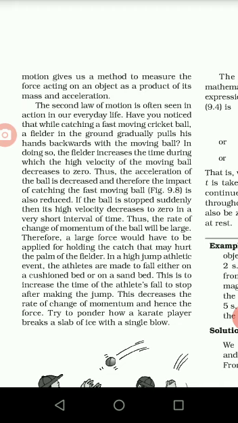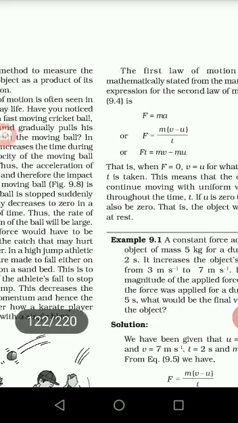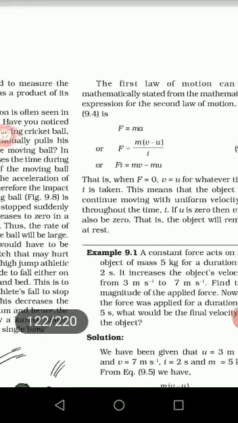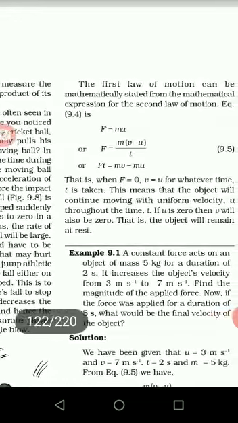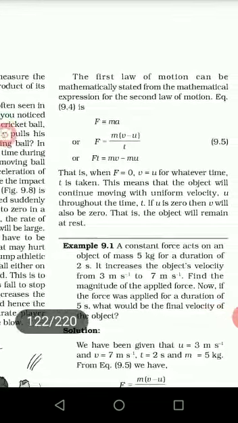This decreases the rate of change of momentum, hence the force also. So these are some examples or applications of the second law of motion.